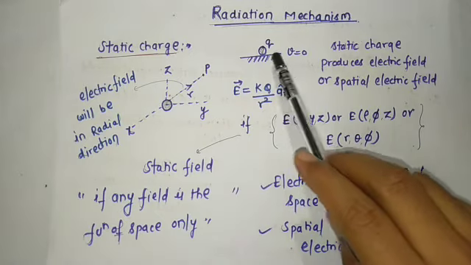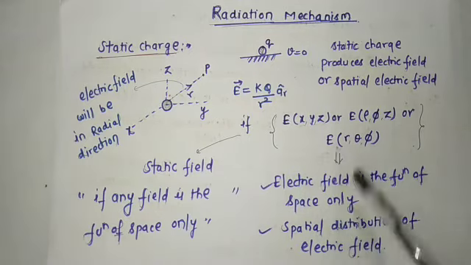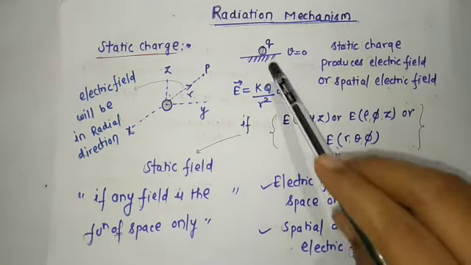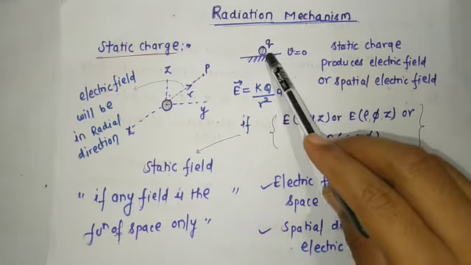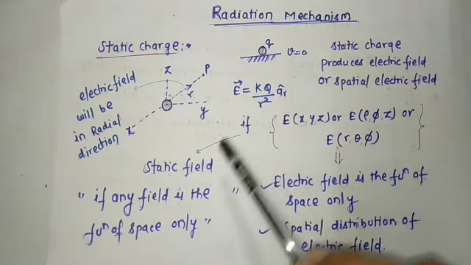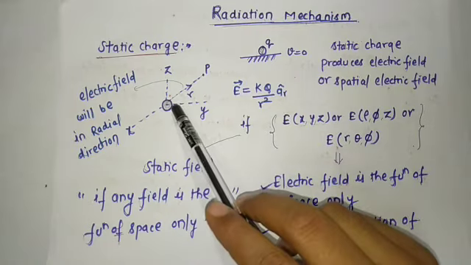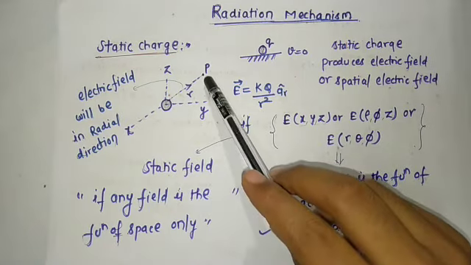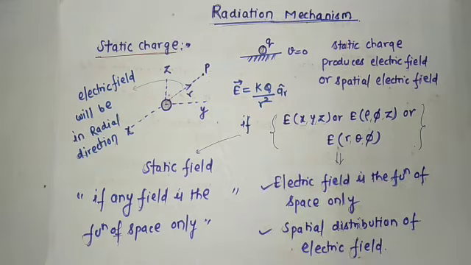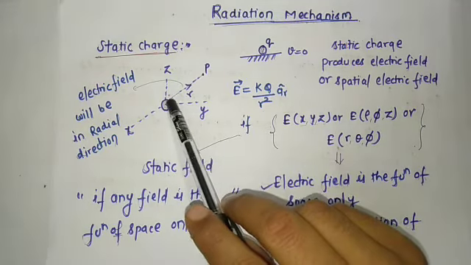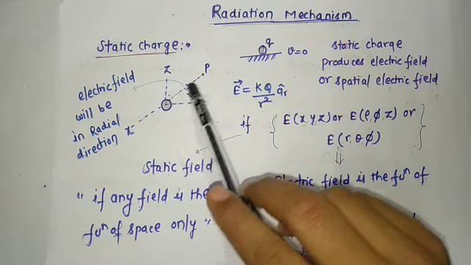If there is a charge and its velocity is 0, then I can say the charge is in static mode, and the tendency of such a charge is to emit an electric field. In this figure, this charge is kept at the origin, and at point P we want to measure the electric field. This charge will produce the electric field in the radial direction.